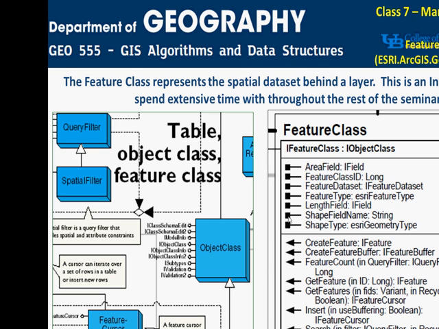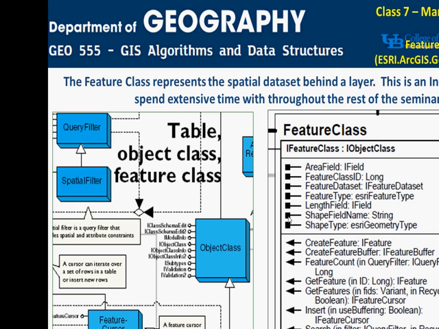Feature class is specific to GIS data because a feature class has a shape field. Even though the object class abstract could let us edit all sorts of types of ODBC databases, Excel data, Access, and so on, this is a GIS course, so we're going to focus on feature class specifically.